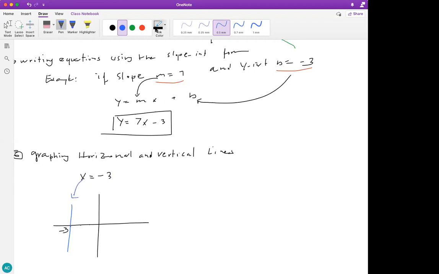Same way, if you have y is, for example, 7. So what is this line? How does it look like? If you want to graph this line, it goes through what point?